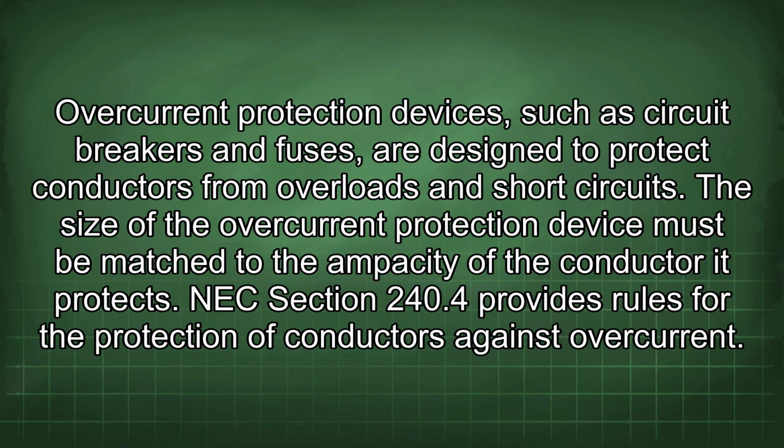Overcurrent protection devices, such as circuit breakers and fuses, are designed to protect conductors from overloads and short circuits. The size of the overcurrent protection device must be matched to the ampacity of the conductor it protects. NEC Section 240.4 provides rules for the protection of conductors against overcurrent.